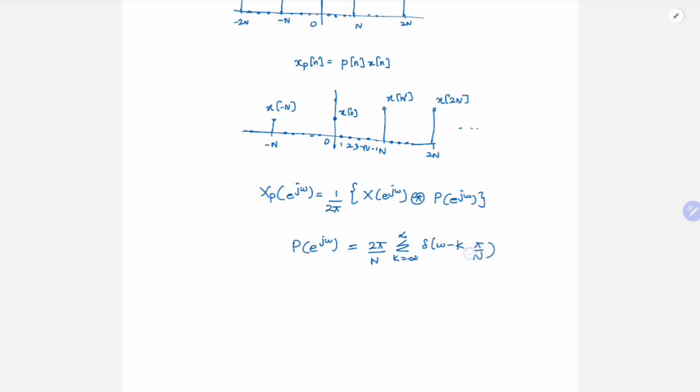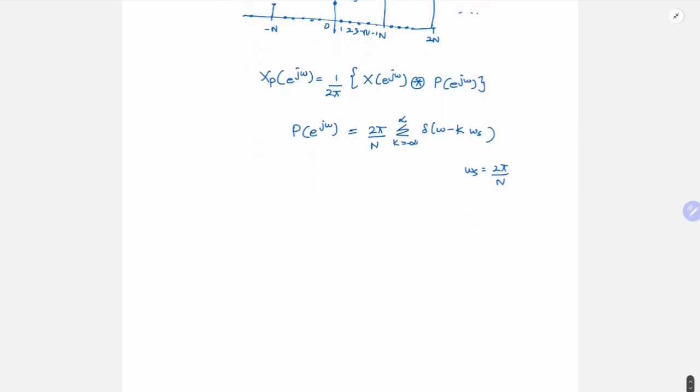And this 2π/N I can replace with ωs, the sampling frequency. So here ωs is equal to 2π/N. Okay, so now these are like shifted impulses. So it is also an impulse train in the frequency domain.